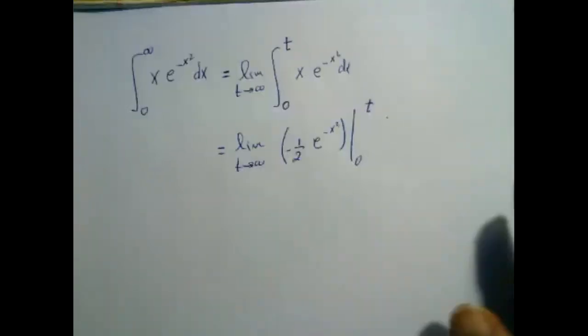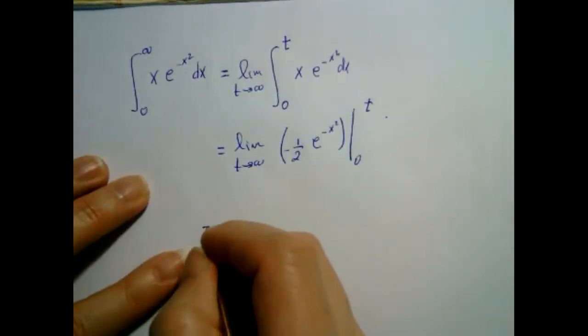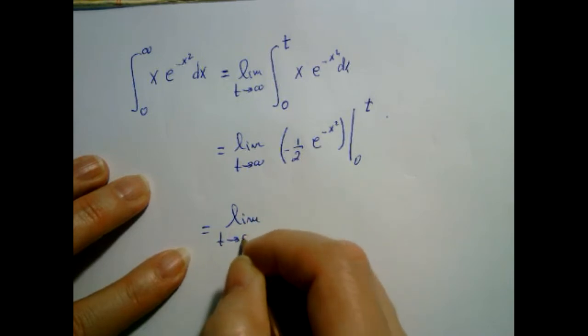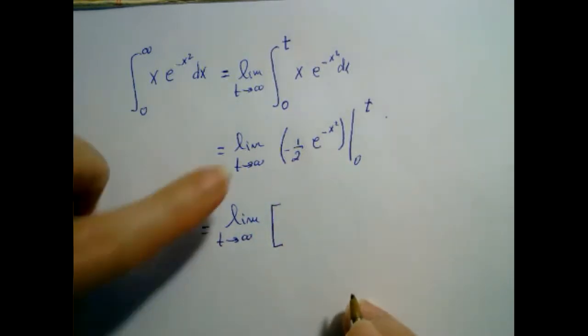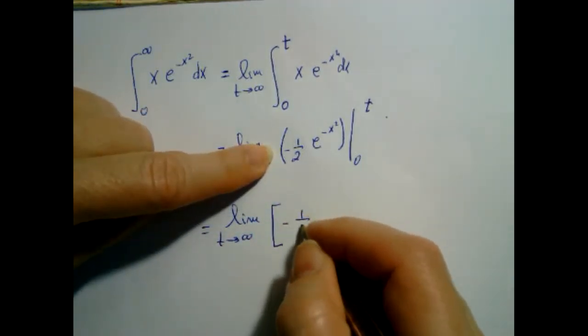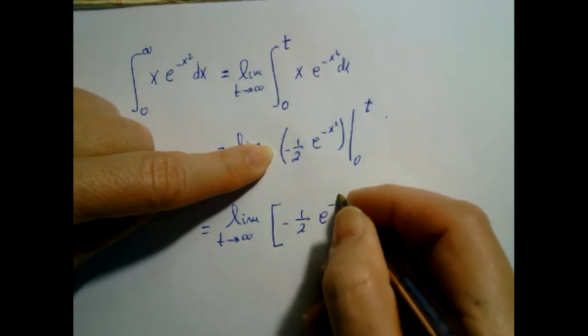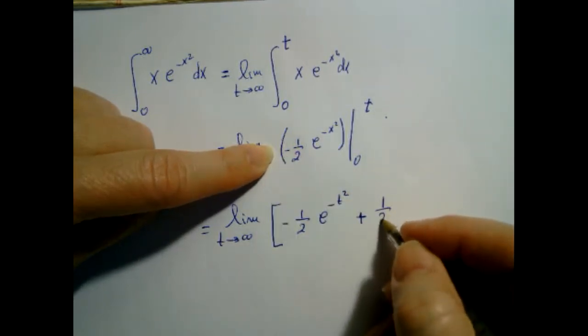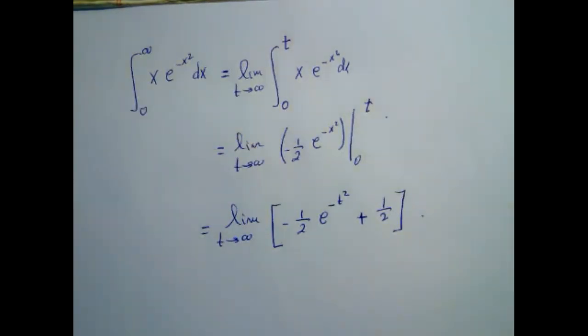And now this is equal to, by the fundamental theorem, the value at the upper limit minus, minus, at the lower limit, we get a half.